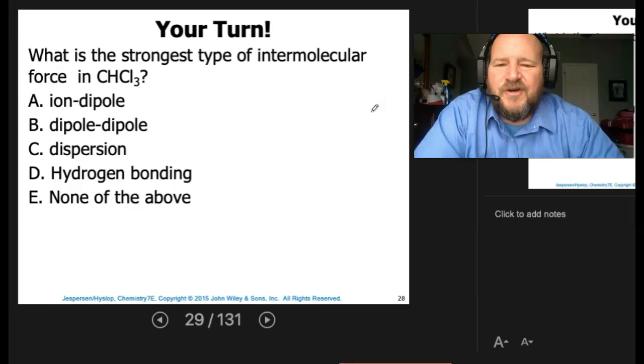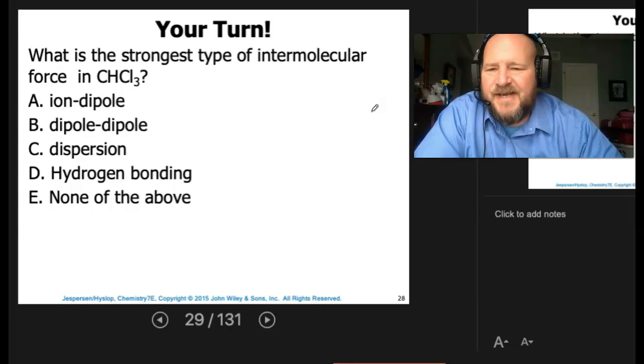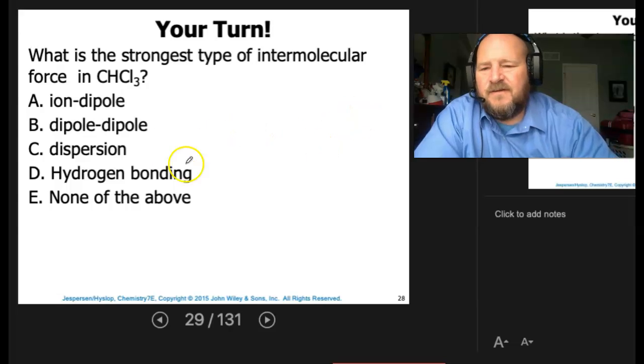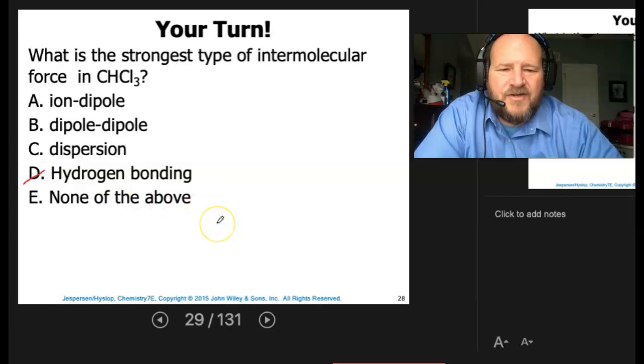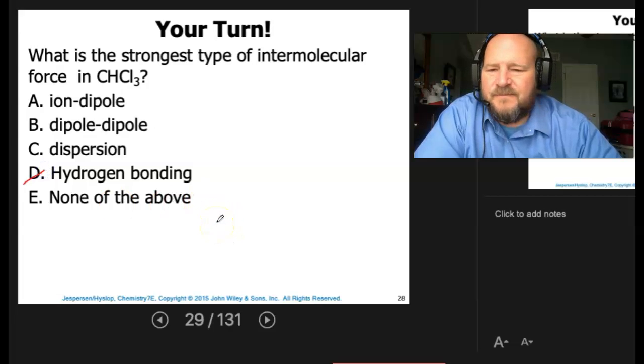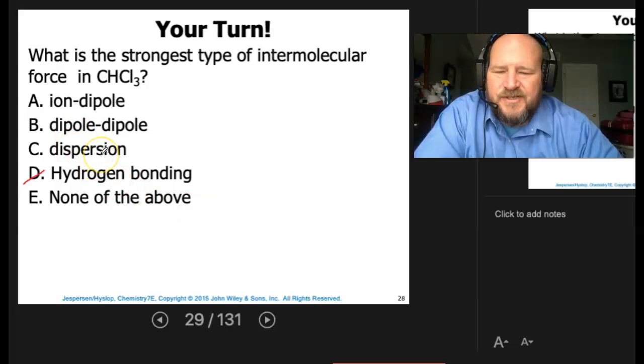All right, what is the strongest type of intermolecular force in CHCl3? Ion-dipole, dipole-dipole, dispersion, hydrogen bonding, none of the above. Well, we know it's not going to be hydrogen bonding, because we don't have nitrogen, oxygen, or fluorine. It could be dispersion because every molecule has dispersion. We're not forming an ion, so it can't be ion-dipole. Do we have dipole?